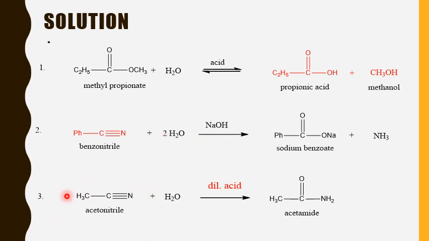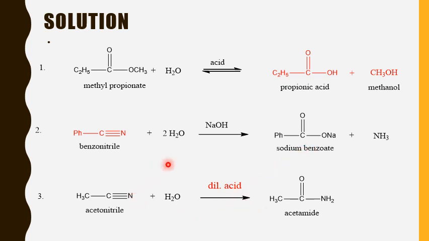And here I have given a cyanide group, but only one water molecule, and I have asked what reagent is required to convert acetonitrile and stop at the amide stage. We know that when nitriles consume water, they result in the formation of carboxylic acid, as you can see in the previous example.